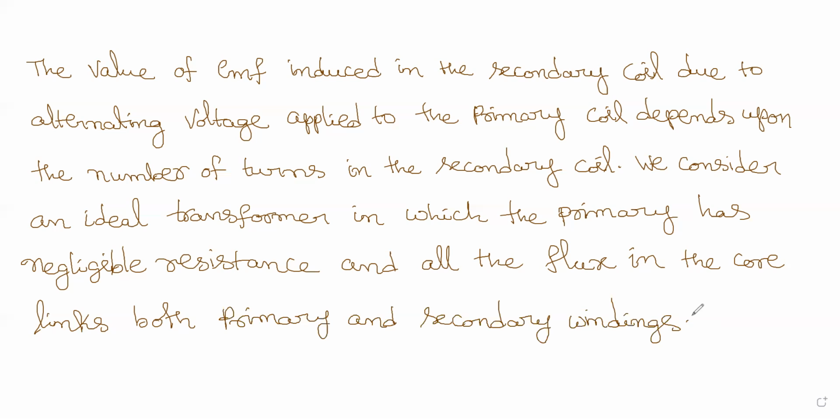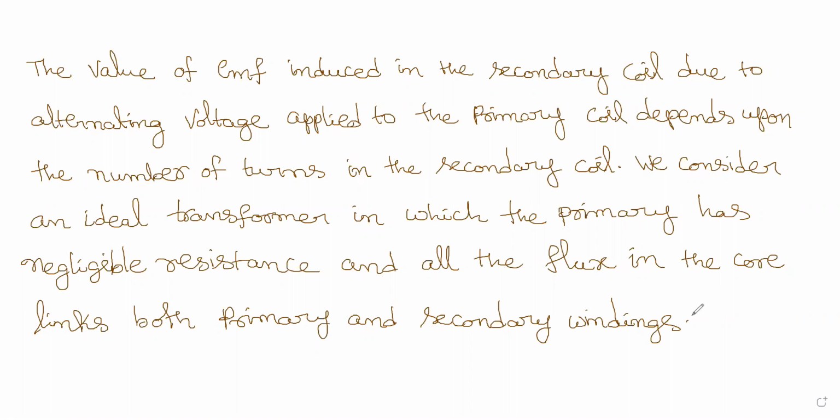When you apply an AC voltage in the primary coil, it creates a magnetic field that keeps changing, so the magnetic flux also varies. The rate of change of magnetic flux is the induced EMF, and that induced EMF happens in the secondary coil.